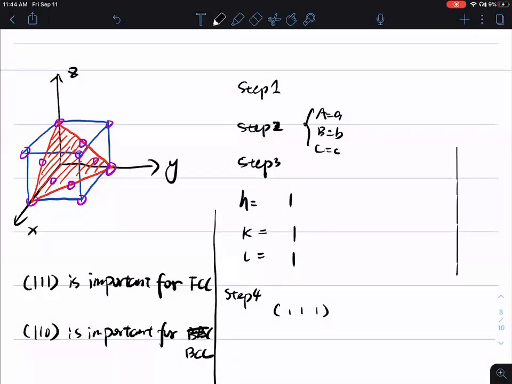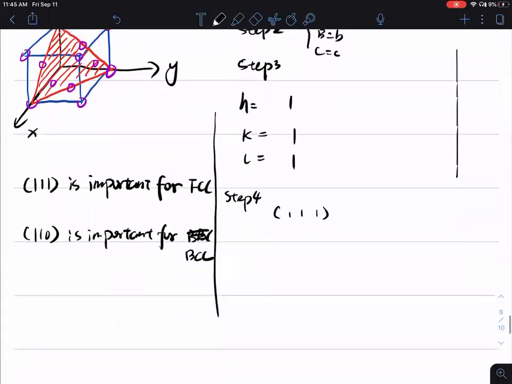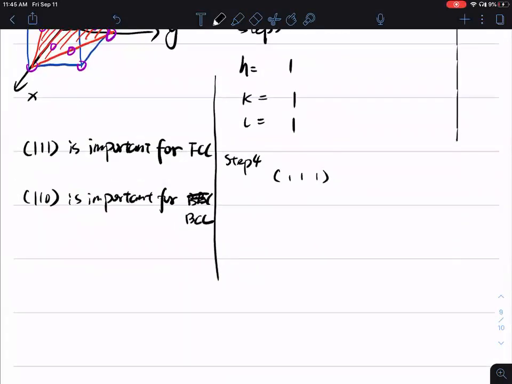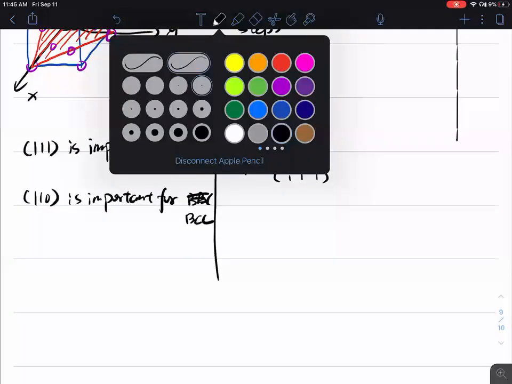That means that plane has to be parallel to which axis? (110), parallel to Z. So it should be a plane that cuts through the face diagonal of the cube, the unit cell, but it's also parallel to Z. So that plane is important for BCC. So that's how we find crystallographic plane indices.